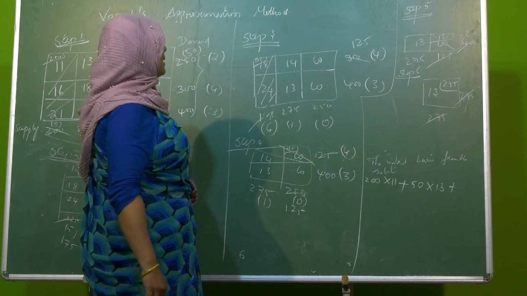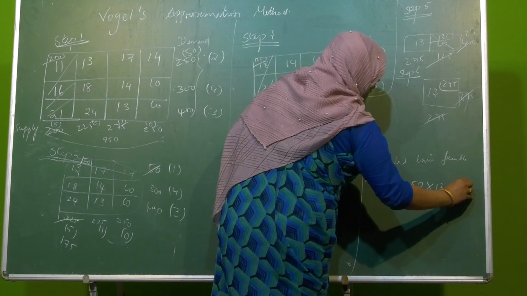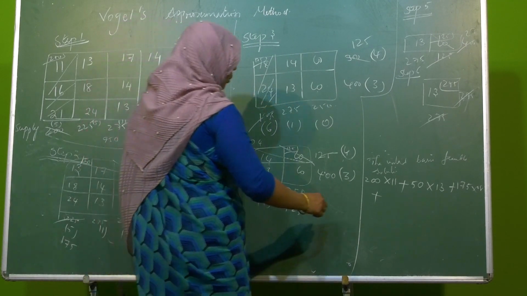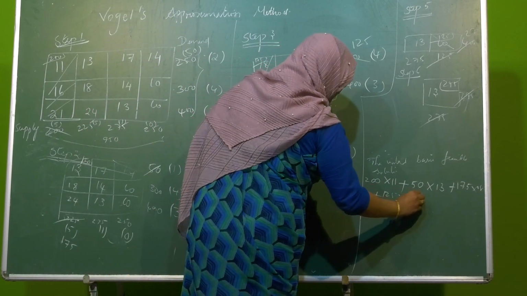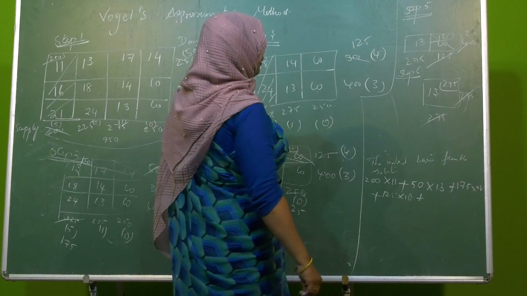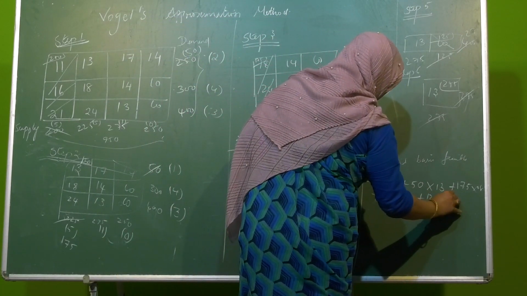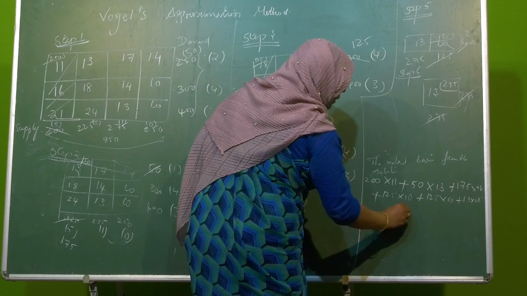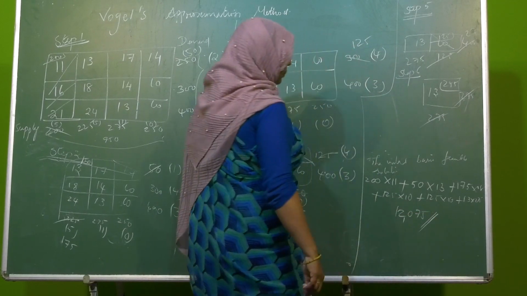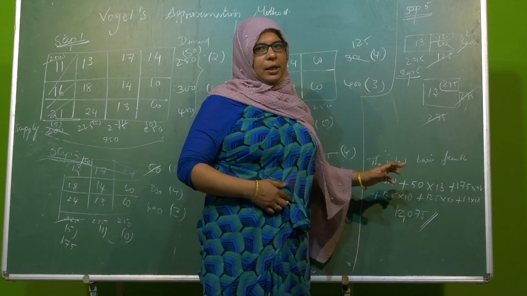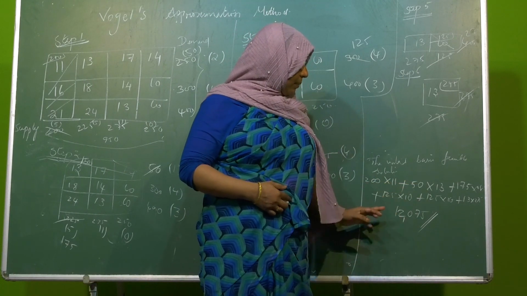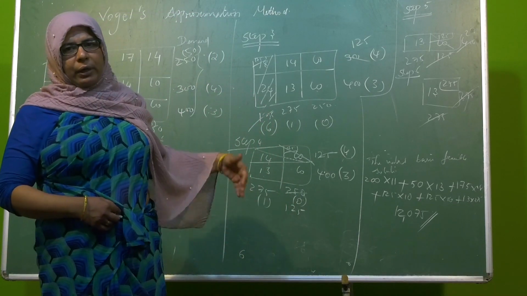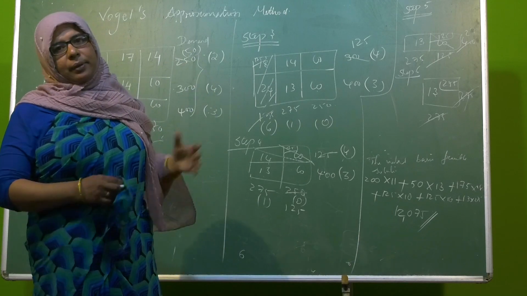In step 3, 175 into 18. Step 4, 125 into 10. Step 5, 125 into 10. 13 into 275. The answer is 12,075. That is how to multiply and add. The initial basic feasible solution is 12,075.